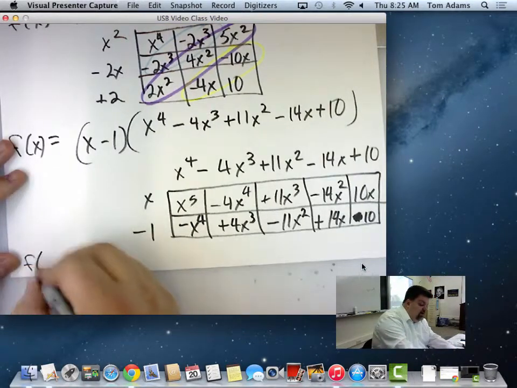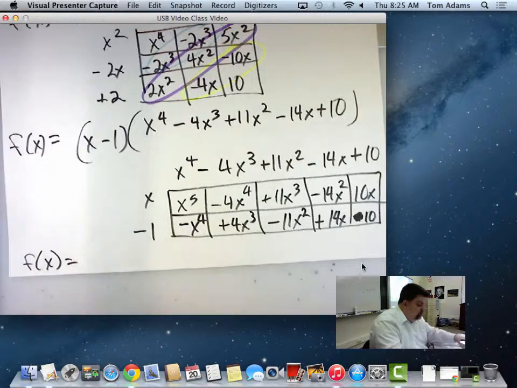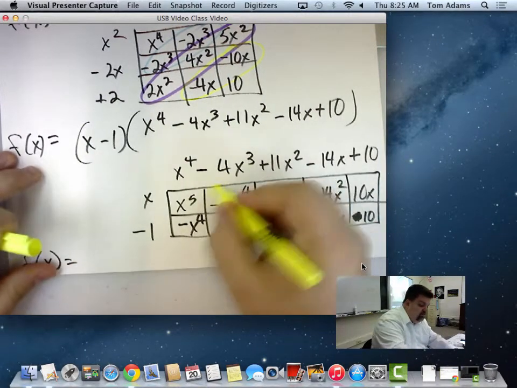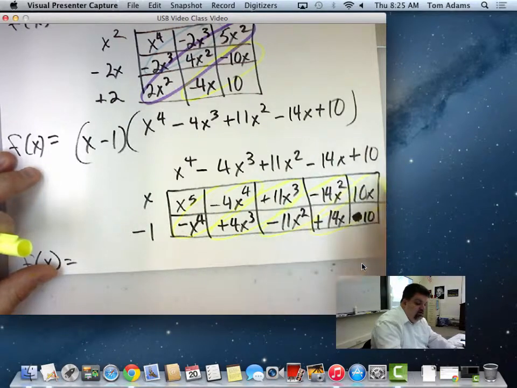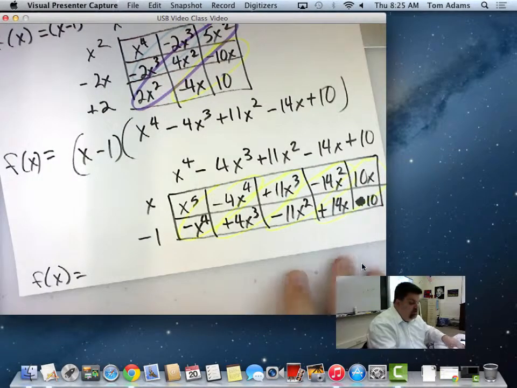So now if I combine like terms, my f of x should be, and remember, if both polynomials are written in descending order, the diagonals are always going to be the like terms.